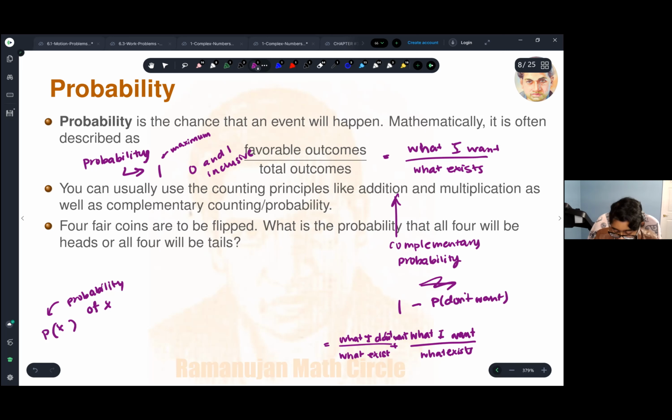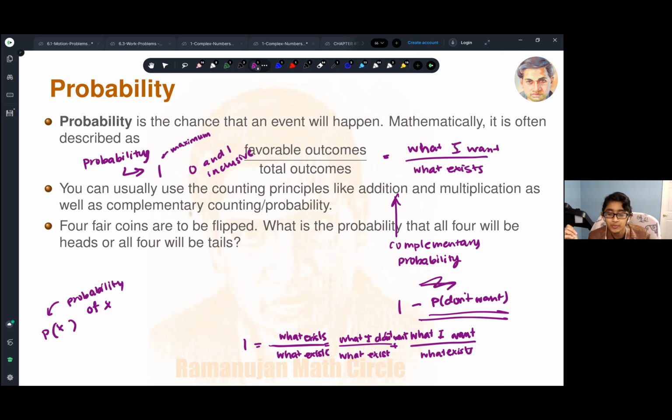So if everything is something I want or I don't want, then this becomes what exists over what exists, right? Because everything. And that's equal to 1. So that's why you subtract what you don't want from 1, because the total of the probabilities is always 1.